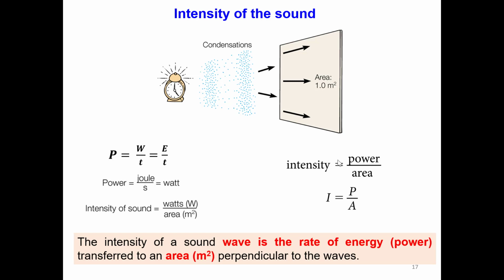This is why we can define intensity in terms of power, because power, we know, is the rate of energy. Power is the rate of energy. Then the intensity is the rate of energy.